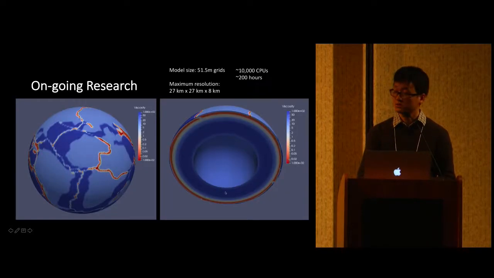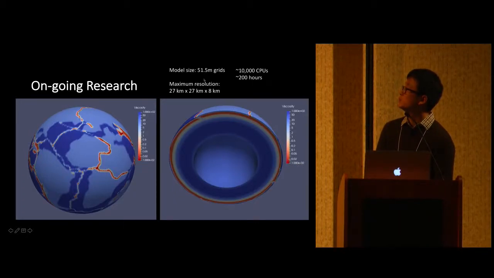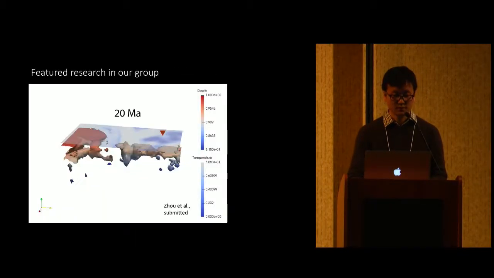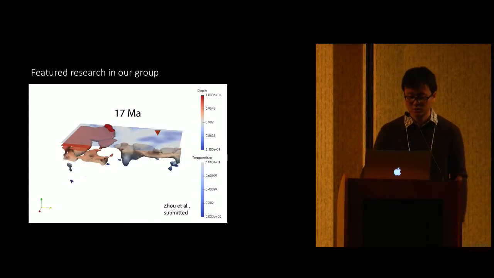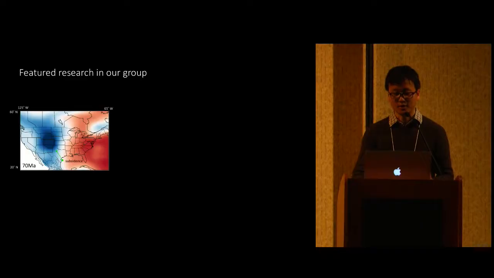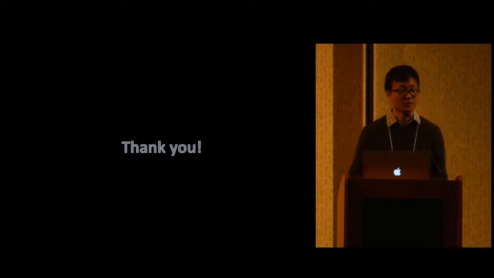This is a cross section, and this model is more expensive than previous ones, so it requires 52 million grids, and it's more time consuming and it needs more CPUs. And there are other features in our future research in our group, and I will just skip this. Yeah, thank you.